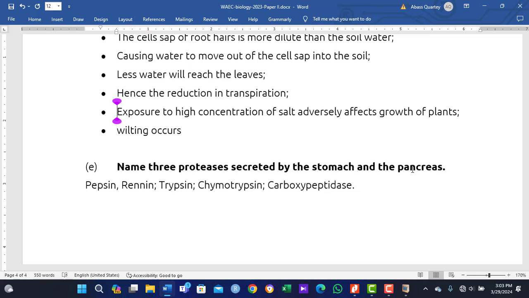Then we have carboxypeptidase. So the trypsin, chymotrypsin, and carboxypeptidase are released or secreted by the pancreas, also in their inactive form. For trypsin, we have trypsinogen. Chymotrypsin is secreted as chymotrypsinogen, that's the inactive form. Then carboxypeptidase, we have procarboxypeptidase.